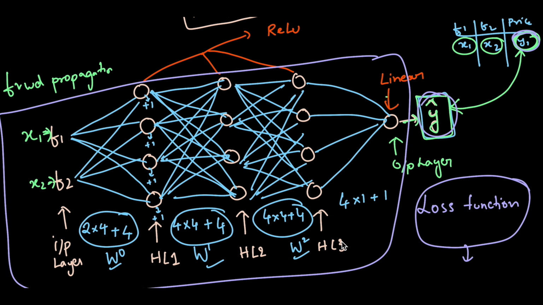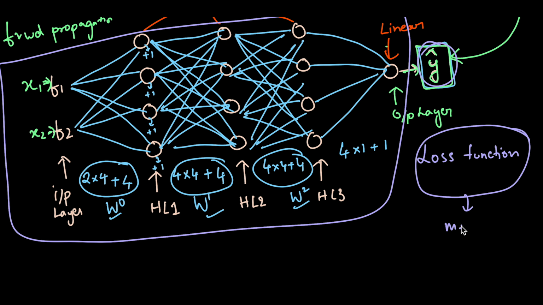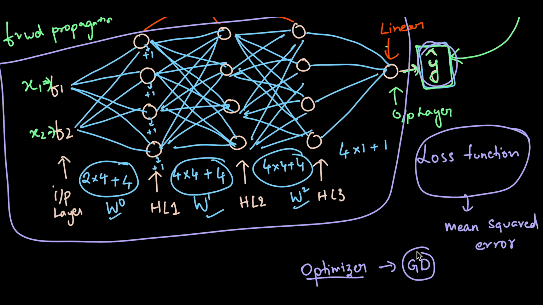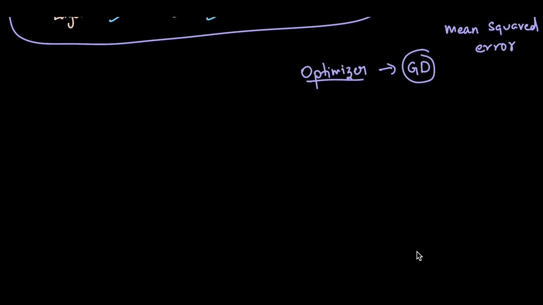And as it is a regression problem, which loss function can we use? We can use something like mean squared error. And finally, after these two steps, that is initializing the hypothesis and calculating the loss, then we can use something like an optimizer in order to adjust the weights. So till now we have only discussed GD, that is gradient descent. But in case of neural networks, GD doesn't work well.